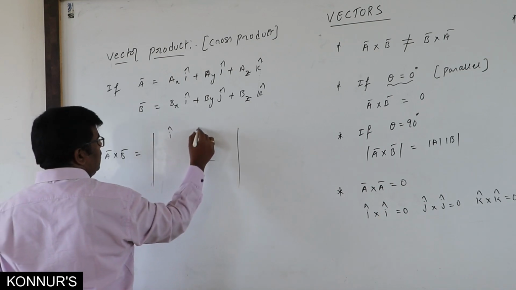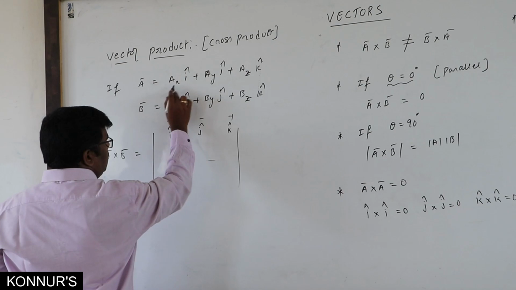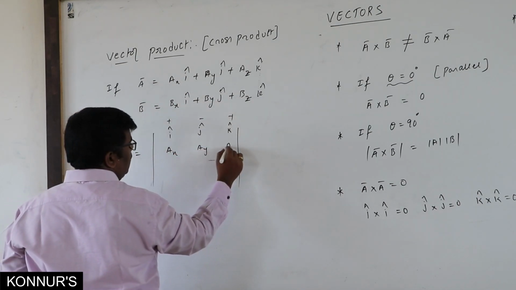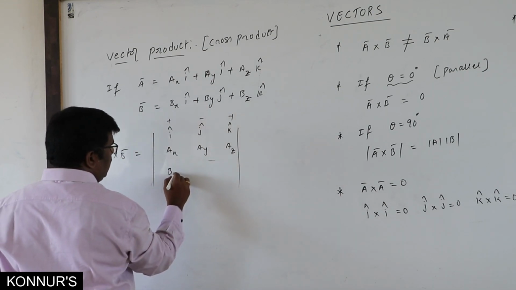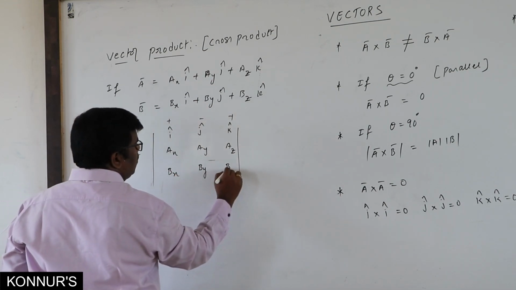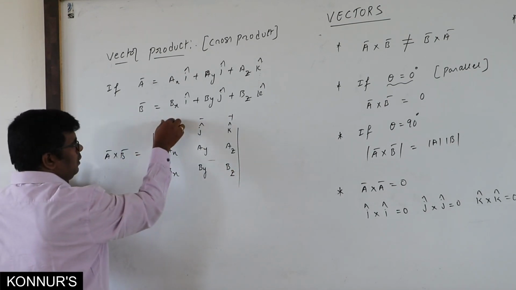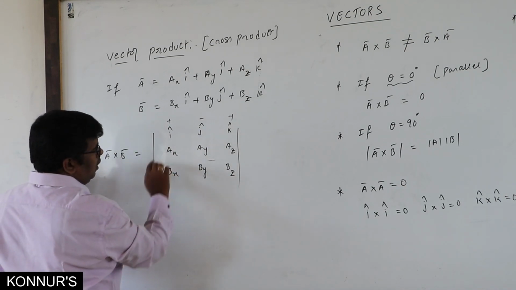So i, j, k with signs plus, minus, plus, then the row of A vector Ax, Ay, Az, and the row of B vector Bx, By, Bz. In maths you will do this: close the column and row, and take the cross product of the rest.